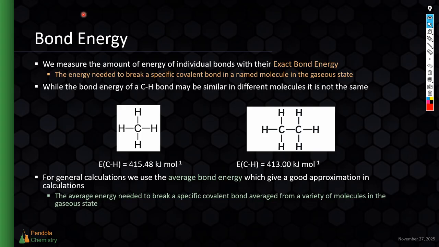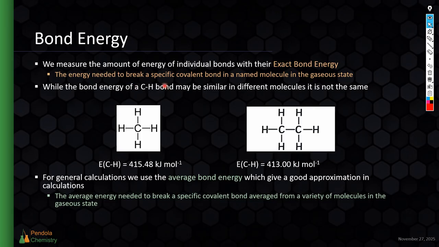Bond energy is the measure of the amount of energy of individual bonds with their exact bond energies. So it's the energy needed specifically not to form but to break a specific covalent bond in a named molecule in the gaseous state. So what is essentially bond energy?